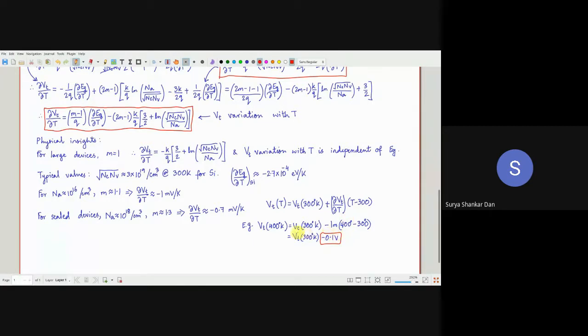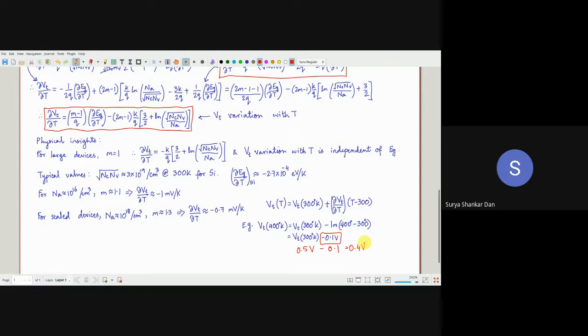So if your VT at 300 Kelvin is, let us say, 0.5, and you are reducing the VT by 0.1, it becomes 0.4 volts.